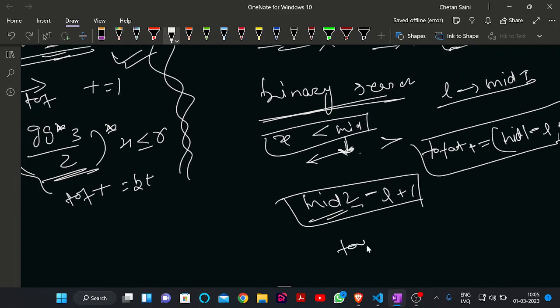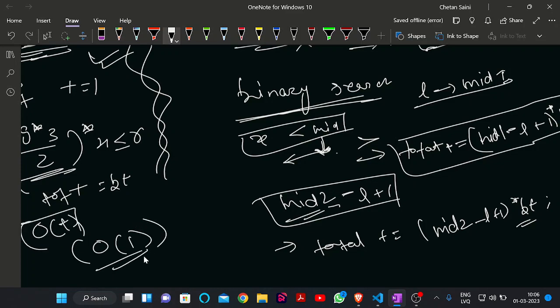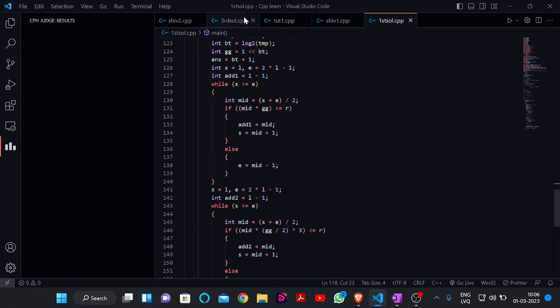Then we increase our total answer with mid 2 minus L plus 1 and multiply it with BT, because every time we are increasing by BT. This approach is O of log, checking inside with binary search. So first let's see the binary search code.